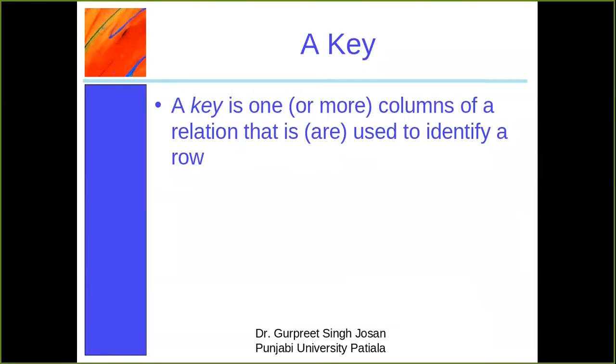So it is not possible to uniquely identify which Amit by just looking at the name. This kind of field, which has no unique values, cannot be used for identifying rows uniquely. So we need a column that can be used for identifying uniquely. That column is called a key.